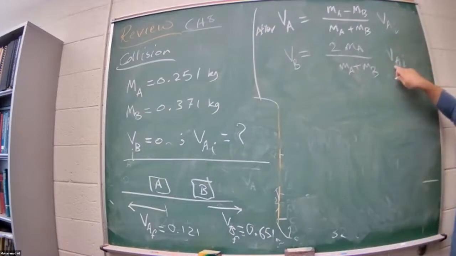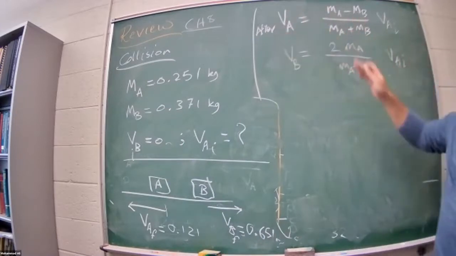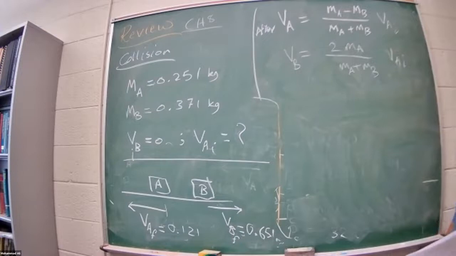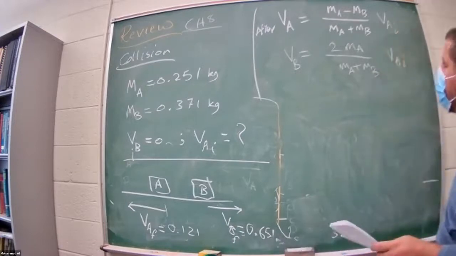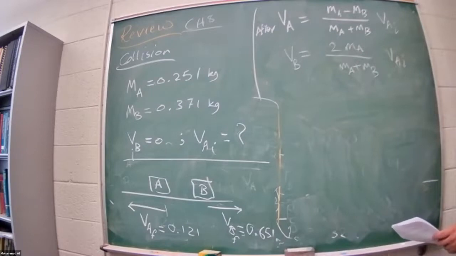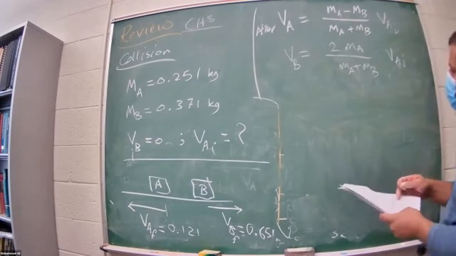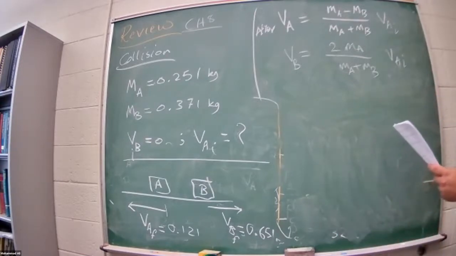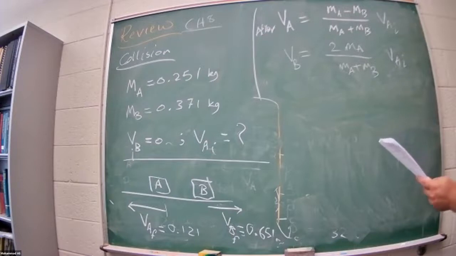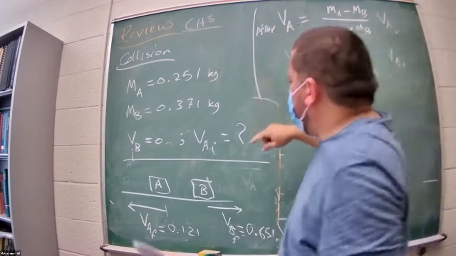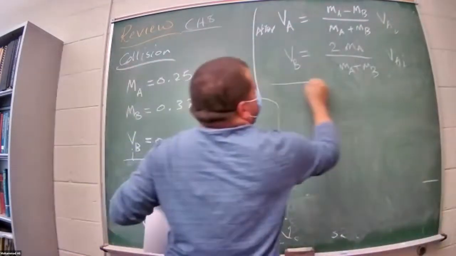We need to find this one. All these are given. We need to find VA initially. This is after. Now, we need just to apply it.